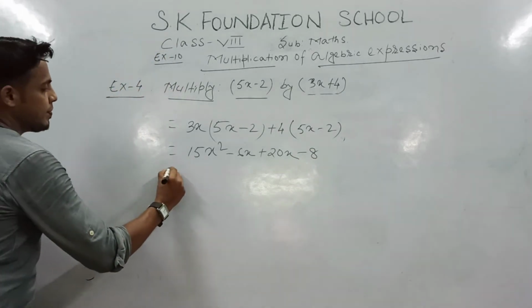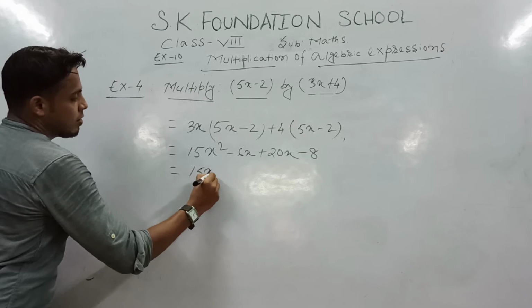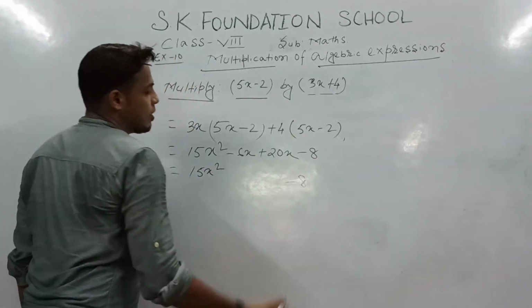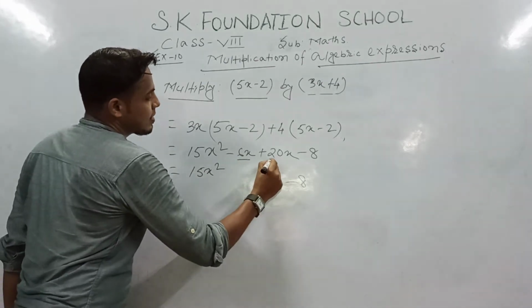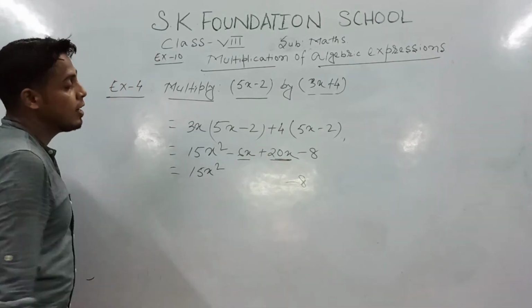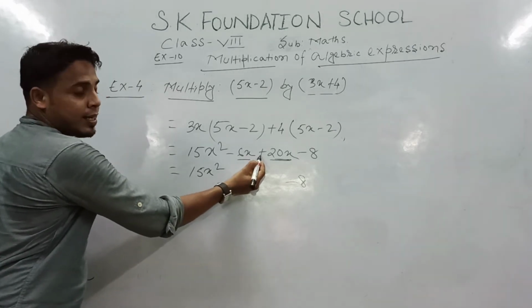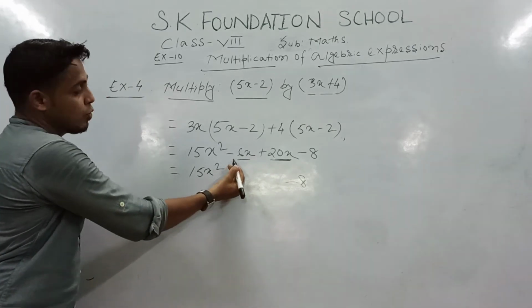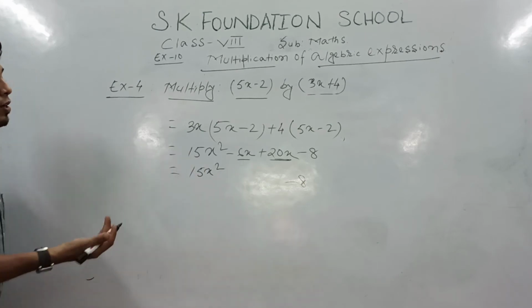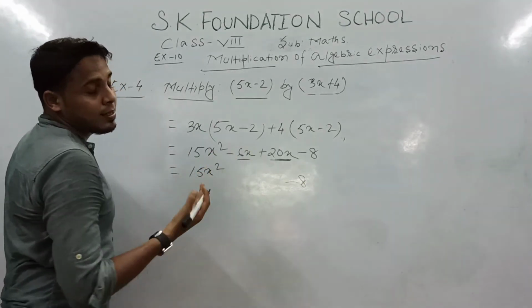Okay? Now 15x square minus 8. Look here, this 6x and 20x, they are like terms. Okay, they are like terms. So here 20 contains plus sign and 6 contains minus sign. As you know, when plus and minus are multiplied, plus minus is minus.